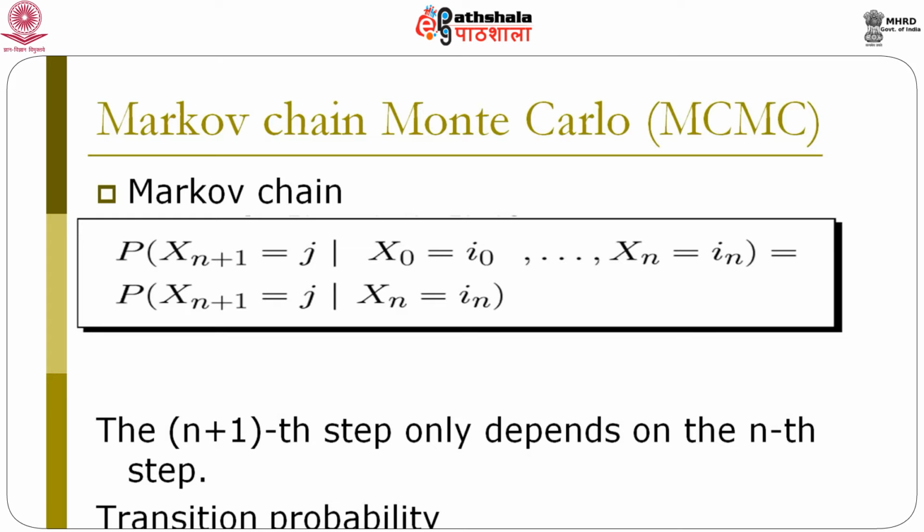So what does it stand for? That the (n+1)th step only depends on the nth step. This is the transition probability, the transition from X_n to X_{n+1}, where the values i_0, i_1, i_2, ..., i_n all belong to the state space.